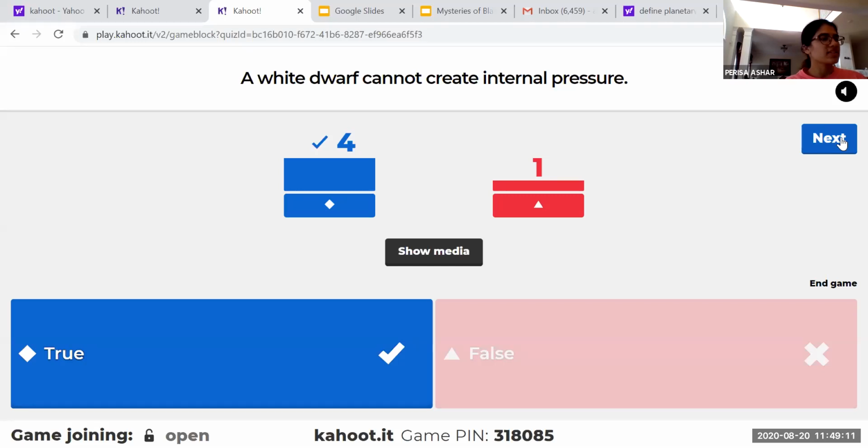So in essence, a white dwarf can't really create internal pressure, so it relies on gravity to ultimately help pressurize the star into becoming a black dwarf, right? Dormant, but yeah, that's ultimately what happens. A white dwarf in itself cannot create internal pressure, so it depends on the external gravitational force.